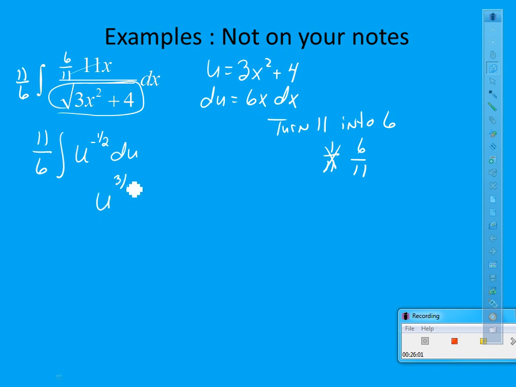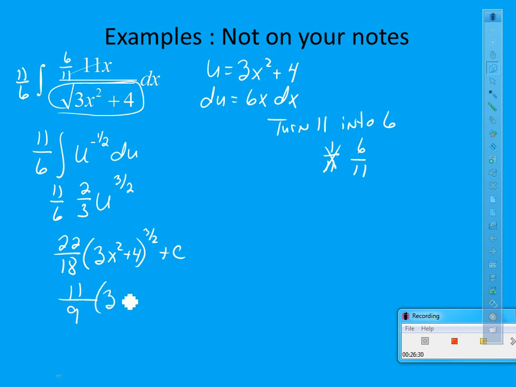Add 1, multiply by the reciprocal, 11/6 still, so it looks like I got 22/18 u, which is 3x squared plus 4, to the 3/2 plus c, and then I'll call 22/18 what, 11/9? So it looks like I got 11/9, 3x squared plus 4, to the 3/2 plus c.